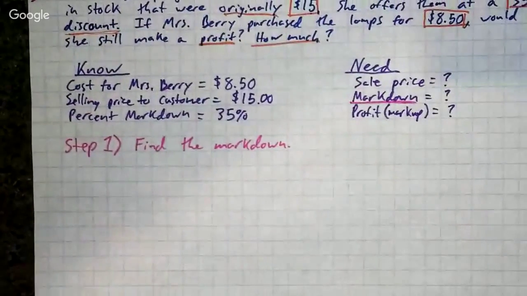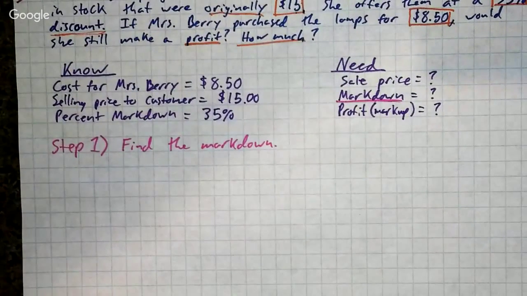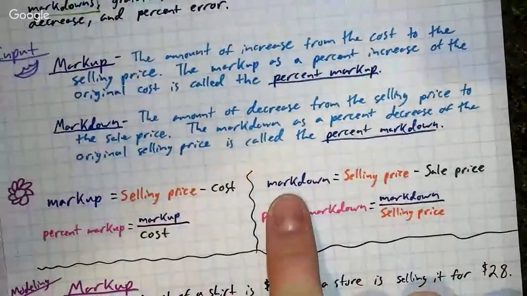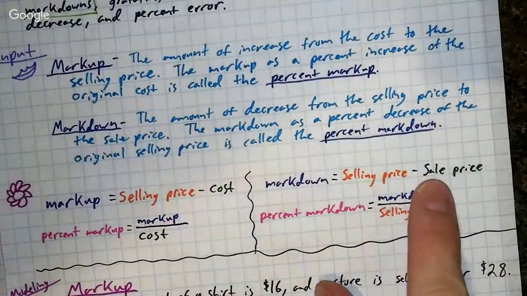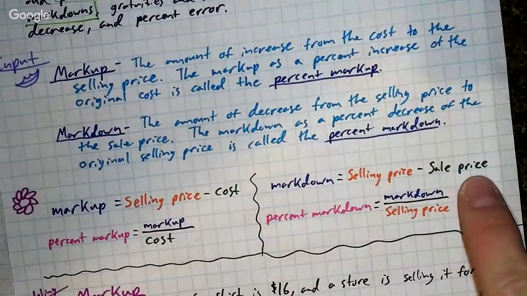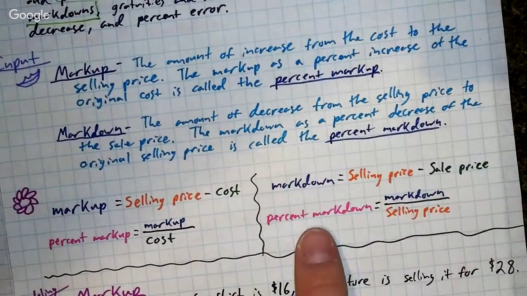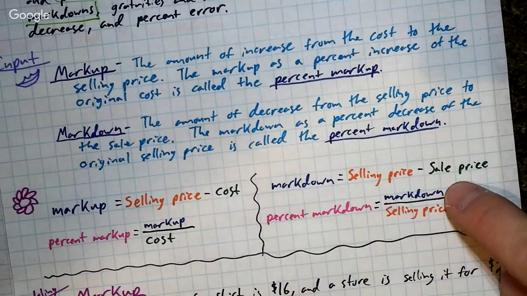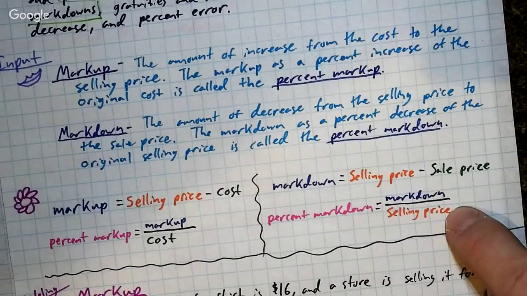Okay, so to find the markdown, let's bring in the other piece of paper that has our information on it. To find the markdown of something, we need the selling price minus the sale price. So we don't have the sale price yet. But look at this. We do know the percent markdown. We don't know the markdown, but we do know the selling price.